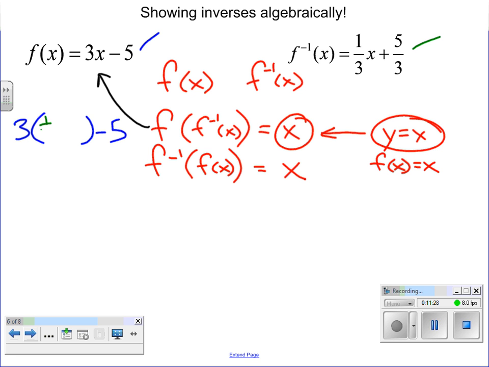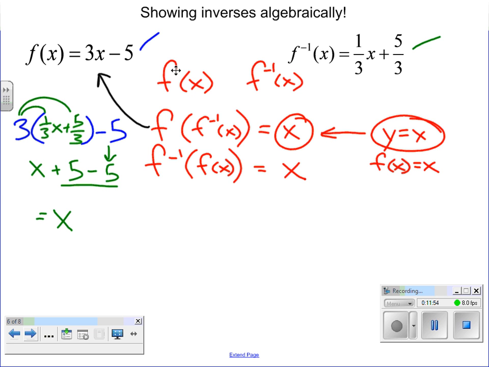Here I'm going to put 1/3 x plus 5/3. I'm nesting the inverse into the function. Everything should cancel out, and we should get x left over. So let's see what happens. Distribute the 3, and we have x. Distribute it here, and we have plus 5, and then a minus 5 on the outside. And notice those two cancel each other out, and we're left with x.